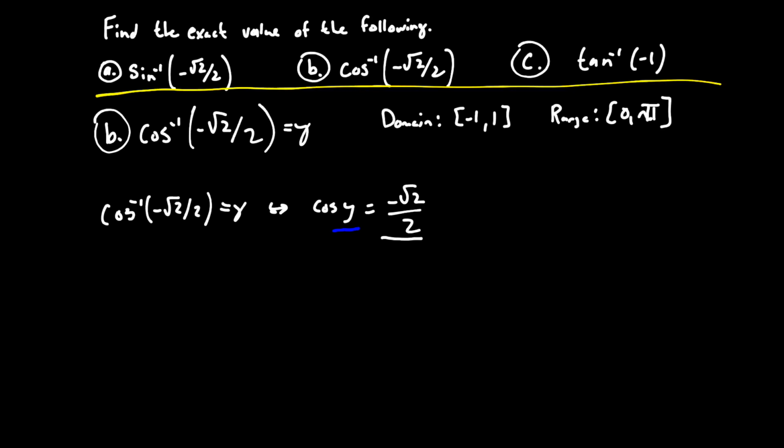Since we're looking at a restricted domain of cosine between 0 and pi, that means our angle y should lie in the second quadrant, since our value negative square root of 2 divided by 2 is a negative number, and the only time cosine is negative between quadrant 1 and quadrant 2 is in quadrant 2. Again, this allows us to define a right triangle with the following sides.